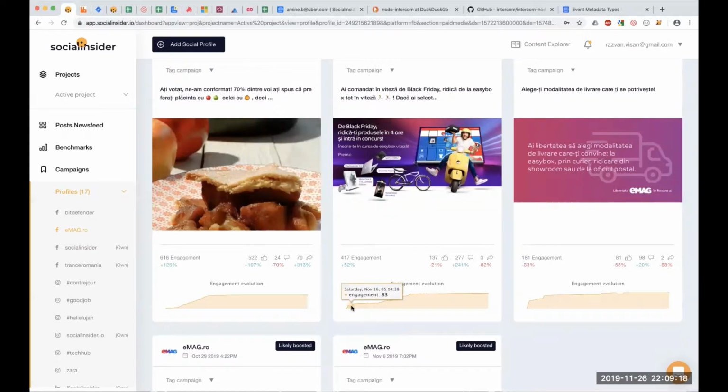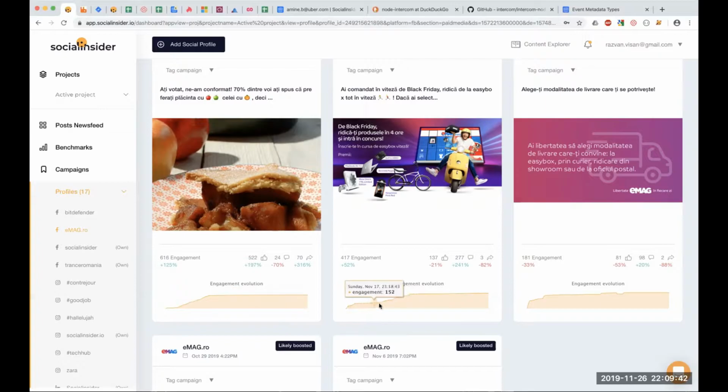So for instance, in this post, the post was posted on November 15th, and 3 or 4 times a day we would refresh the engagement numbers. In some cases, you see after 6 days it flattens out, and that's okay.